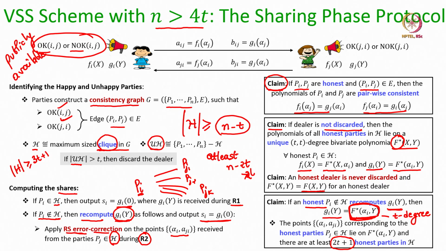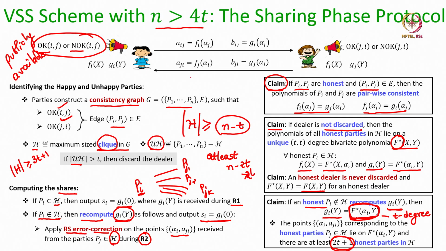The honest parties would have given the right points on their respective row polynomials to p_i, but the corrupt parties might have given incorrect points to p_i. There could be up to t such incorrect points, but there are at least 2t plus 1 correct points, and overall the degree of this f star(alpha_i, y) polynomial is t.